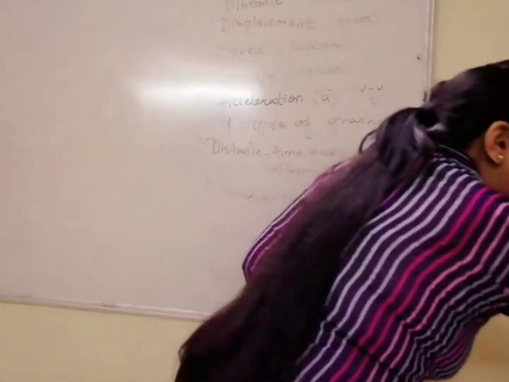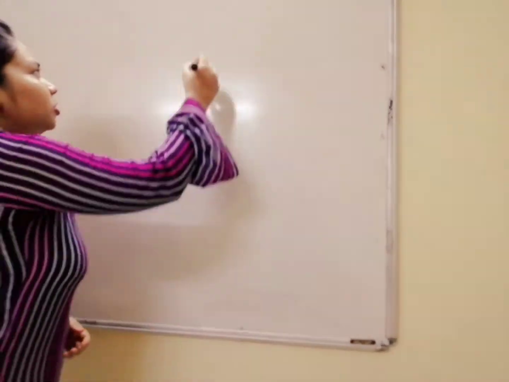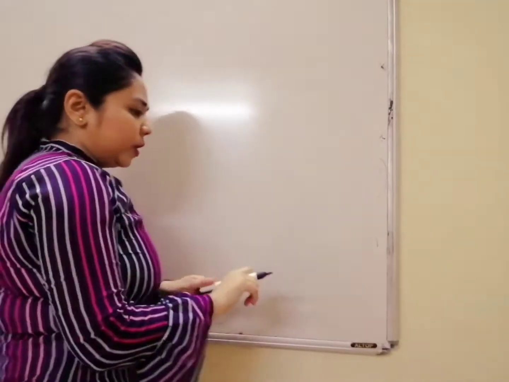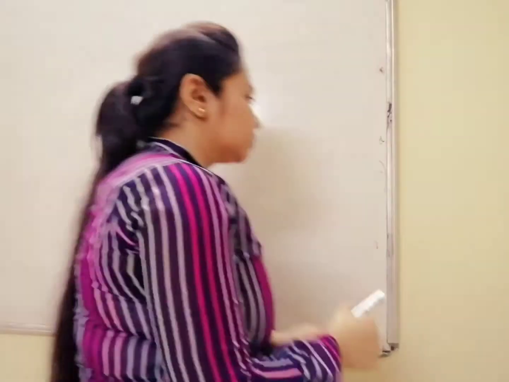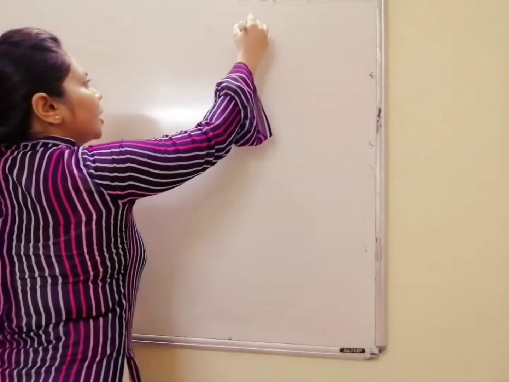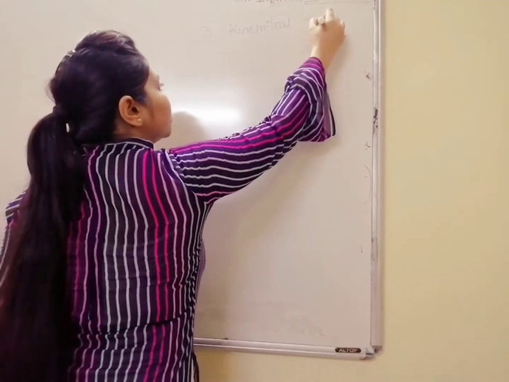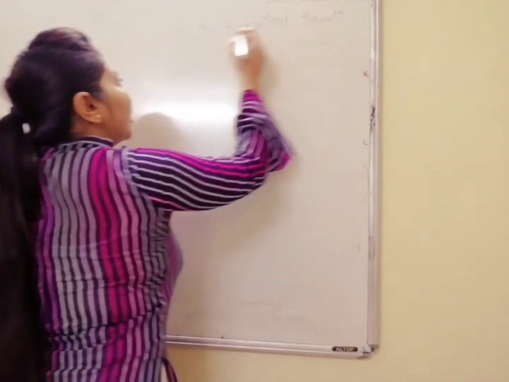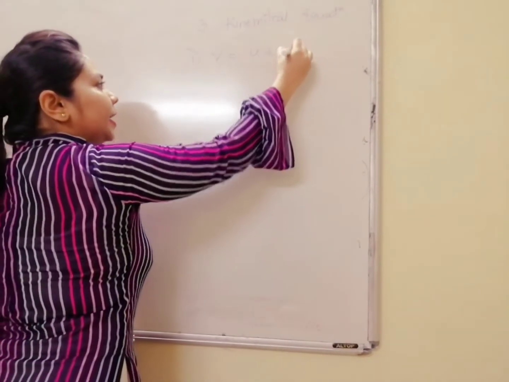Then we come to the major part of the chapter. What did we study? 3 kinematical equations. And what were they? v is equal to u plus at.